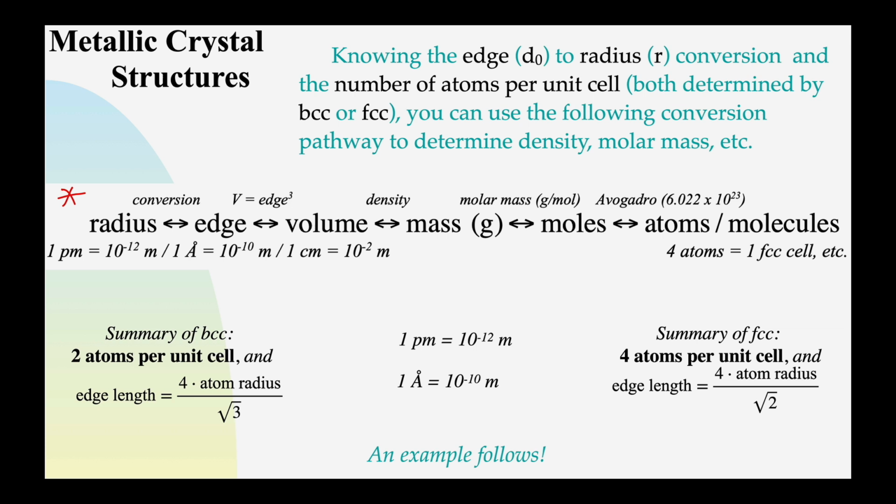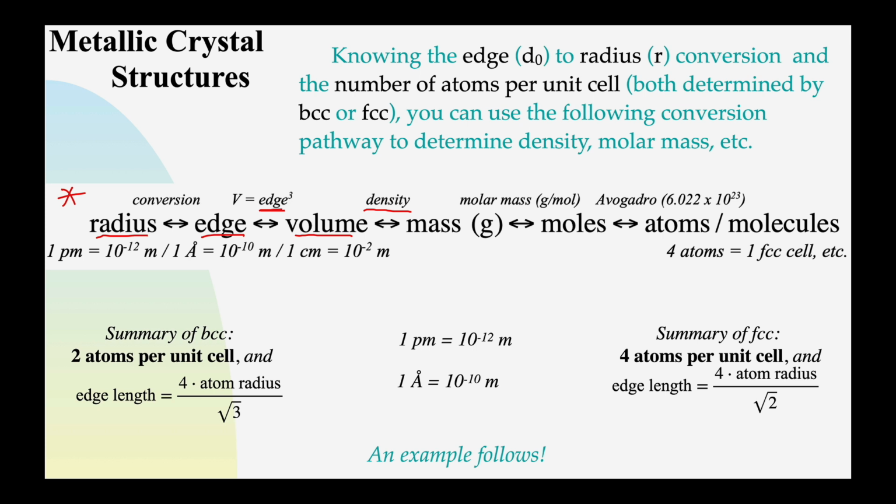You can convert, for example, the radius r to the edge. That's where the BCC or FCC comes from. People like knowing the edge because if you have a cube, length, width, and height are all the same. So if you cube the edge to the third power, that gives you the volume of the unit cell.